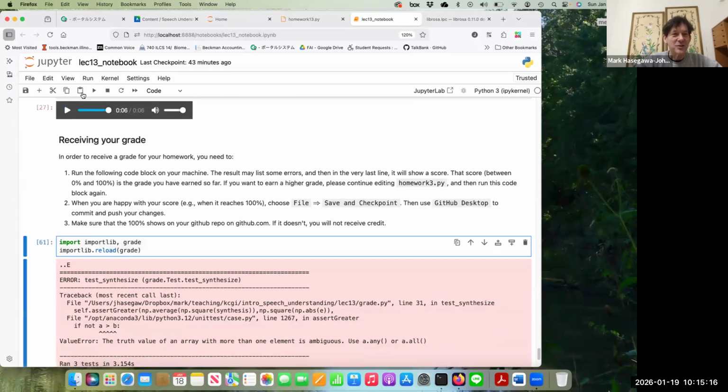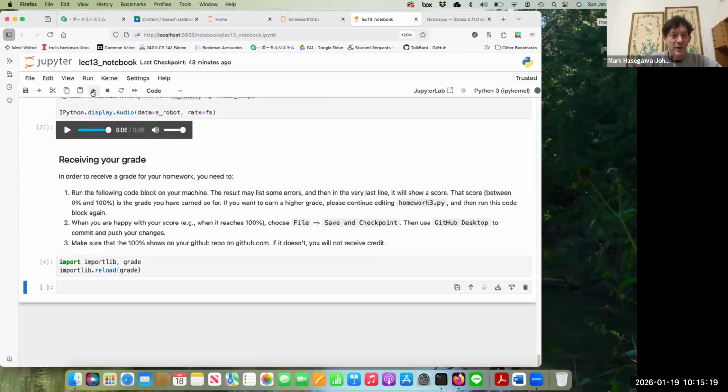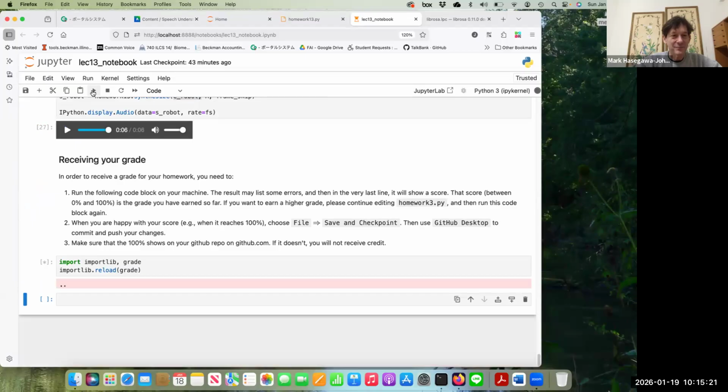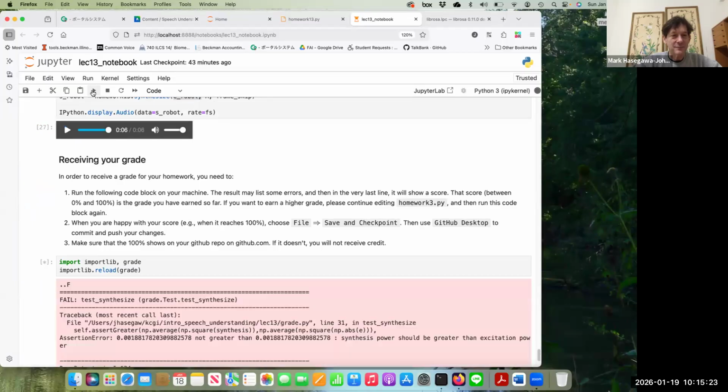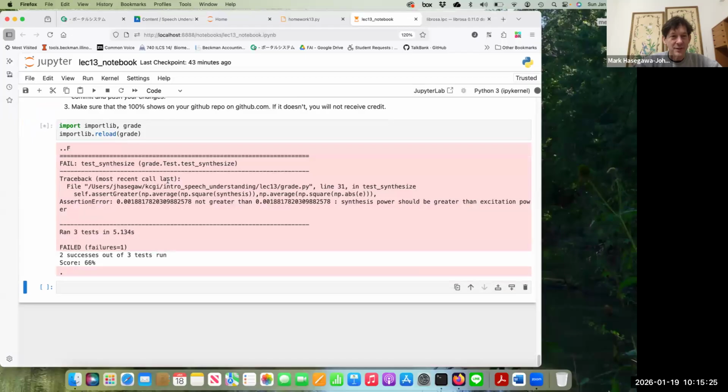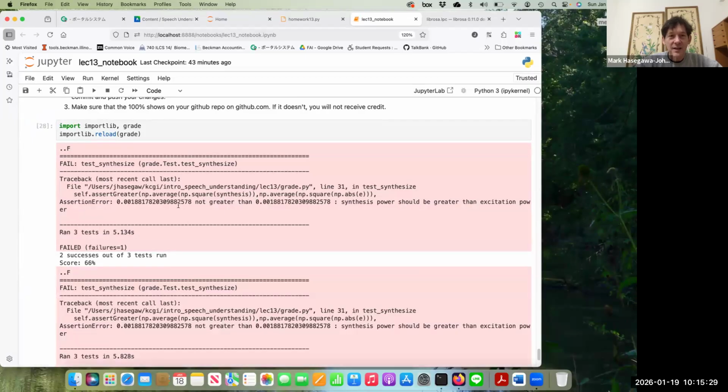Let's grade it and make sure that it matches what the grading code says it should be. Oh no, what happened? 2 successes out of 3 tests. Self-assert graded greater: np average n square synthesis over absolute value of E. Synthesis power should be greater than excitation power.